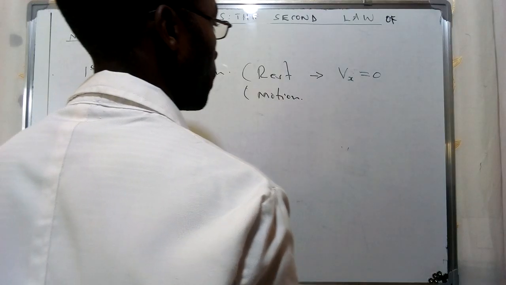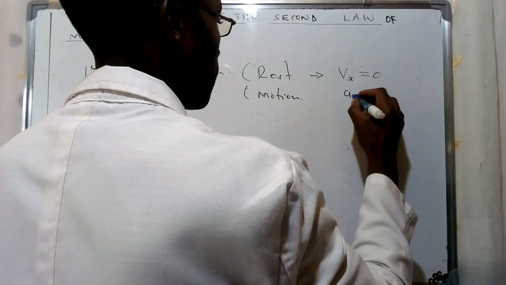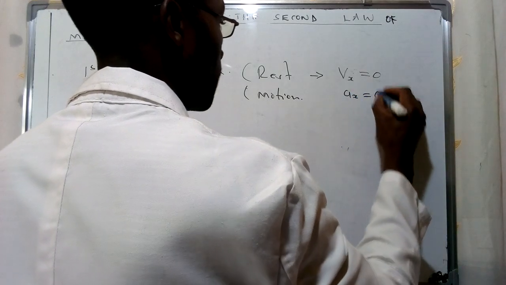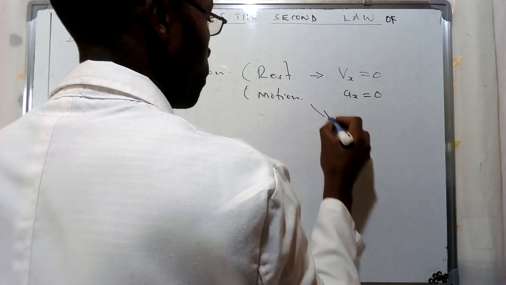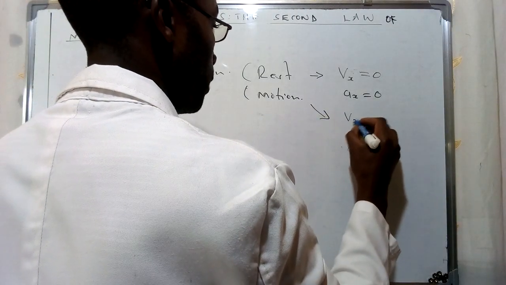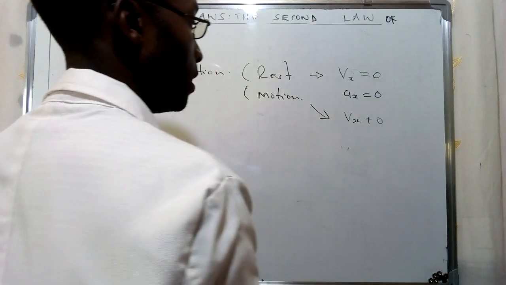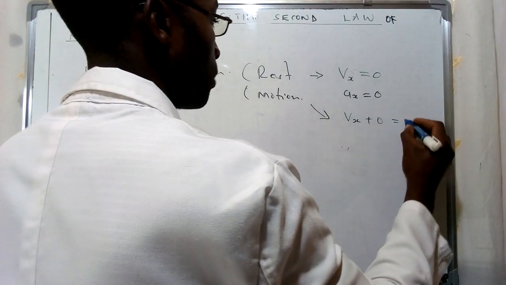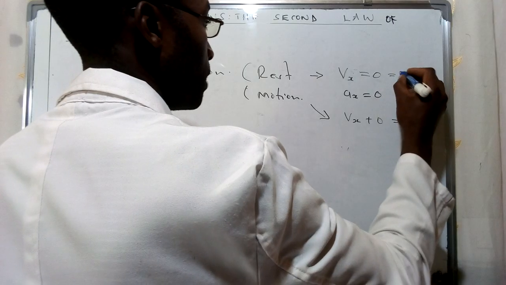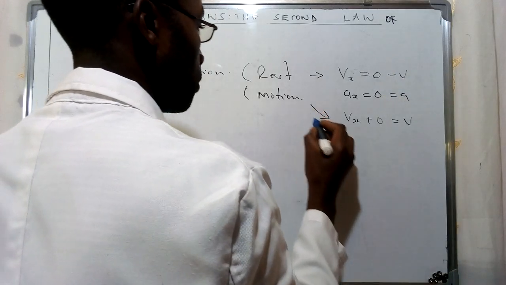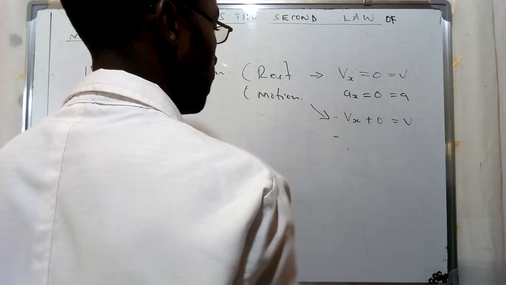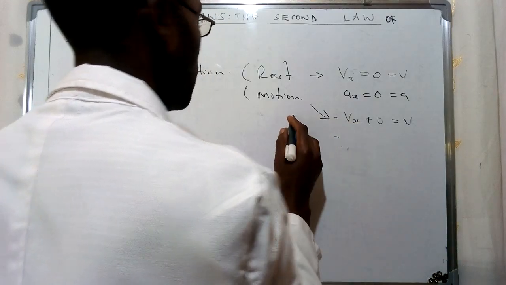This assists us in describing the nature of the particular object under consideration. For an object in motion, we considered the velocity as the initial plus the final, and we also described the concept of acceleration.